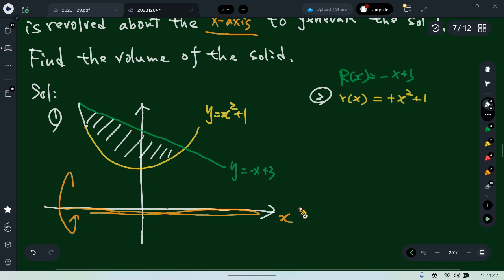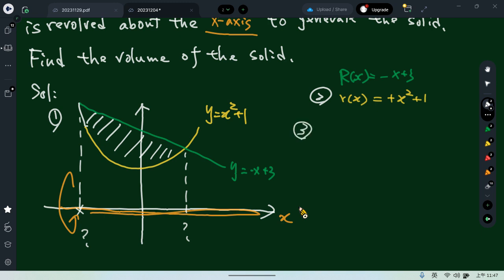And then we should know which is the start point and which is the end point, right? How can we get these two endpoints? We just use y is equal to minus x plus 3, and also y is equal to x squared plus 1.